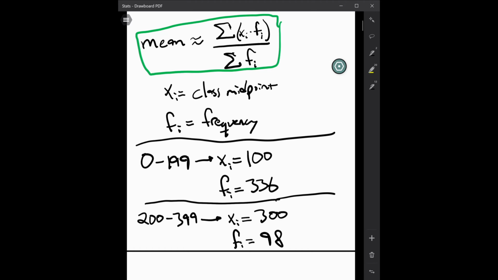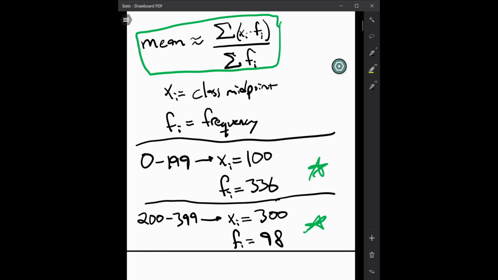Now, ultimately, in order to figure something like this out, what you need to be able to do is to get what your xi's are and your fi's. Xi stands for class midpoint. So I went ahead and provided 2 examples right here and right here. For the class of 0 to 199, the midpoint of those numbers is 100. So my xi is 100.